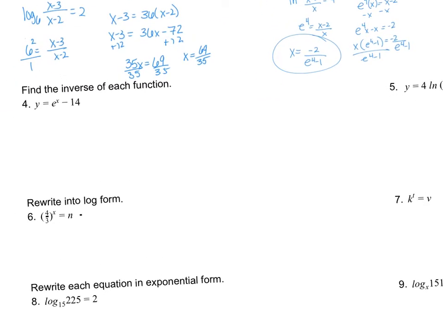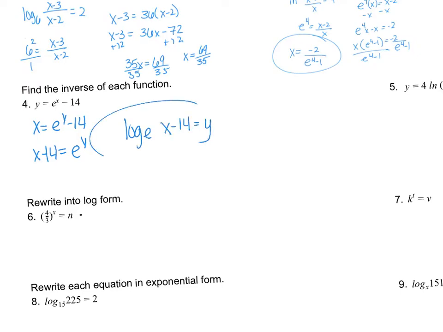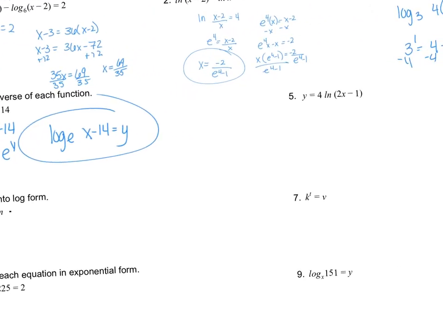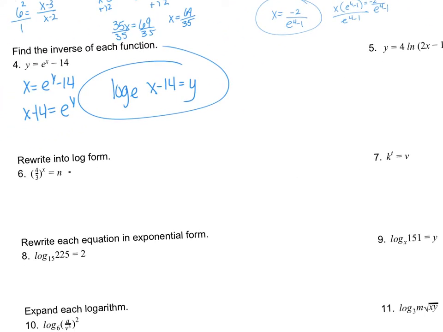Find the inverse. We switch x and y and solve for y. Log base, answer equals exponent. Or ln x minus 1/4 equals y if you want to get even fancier.